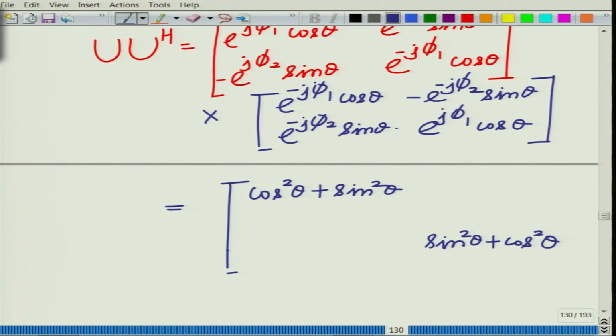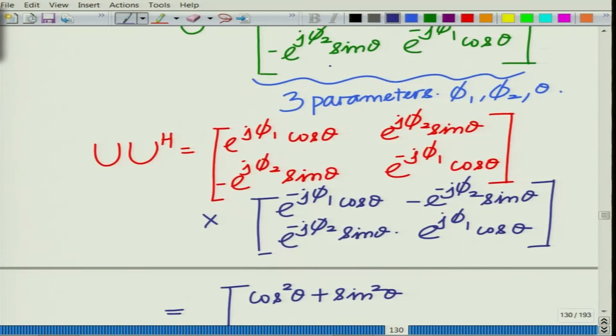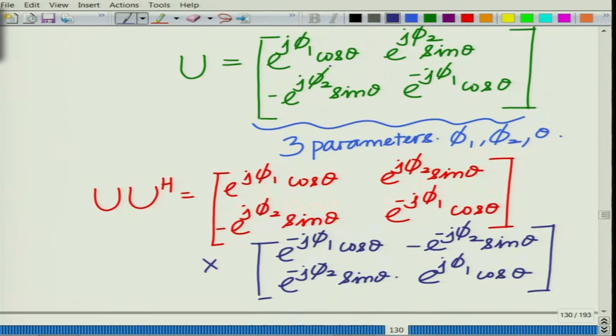I think there is a problem here. There has to be a minus sign over here.